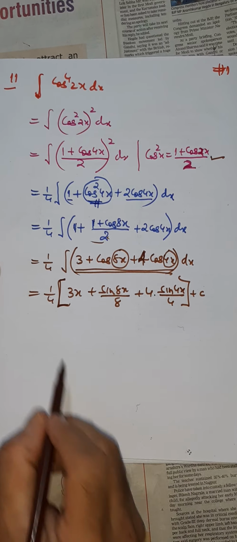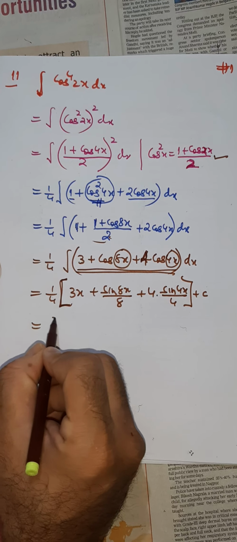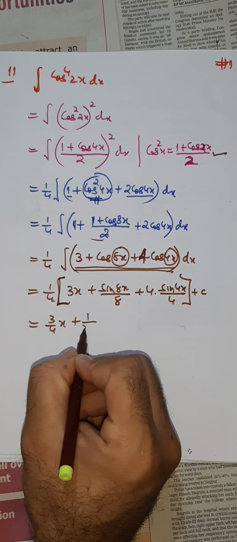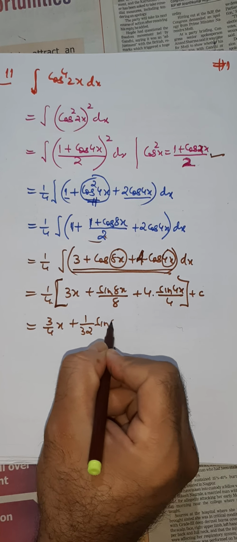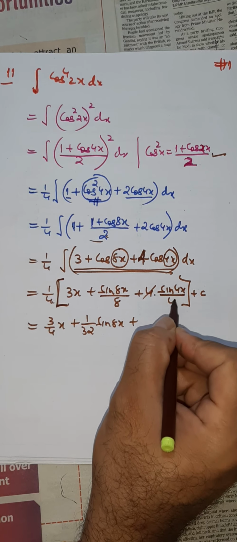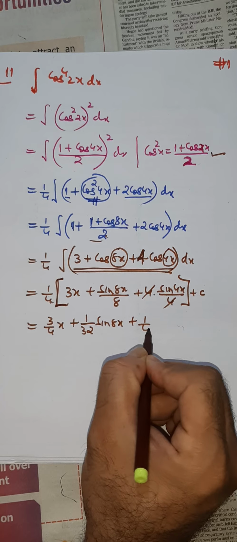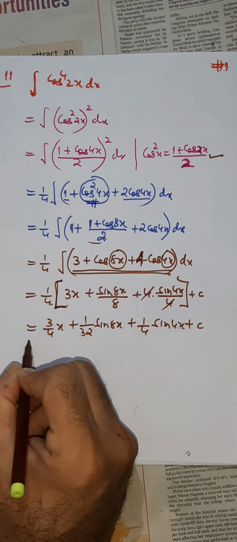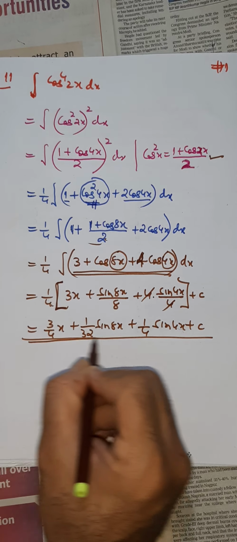Okay, so if you want, you can take just 1 by 4 inside. So 3 by 4x plus here 1 upon 32 into sin 8x. 4 will get cancelled. One more 4. 1 upon 4 sin 4x plus c. This is your final integral.